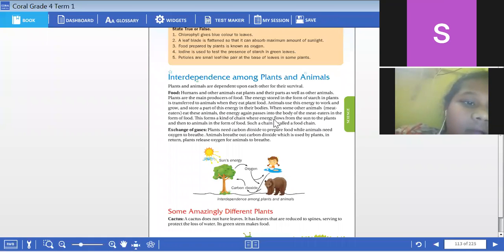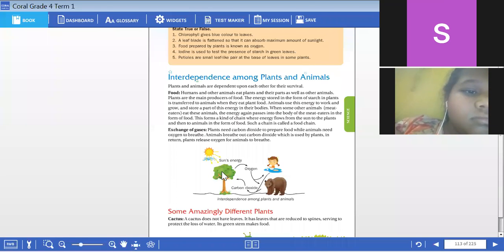Amreen, please make a note. Like this, through the food, the animals and plants are interlinked.